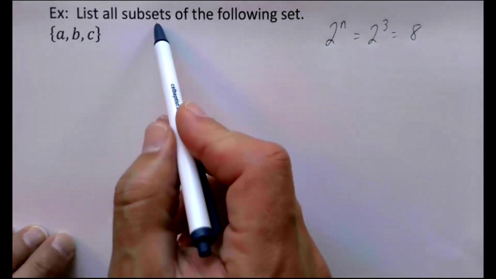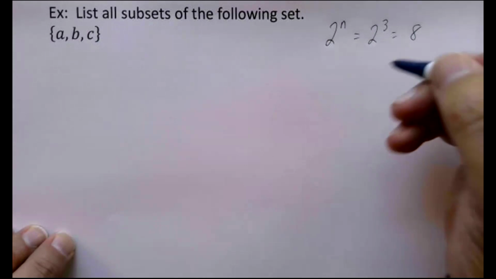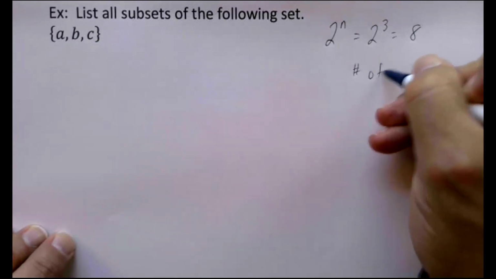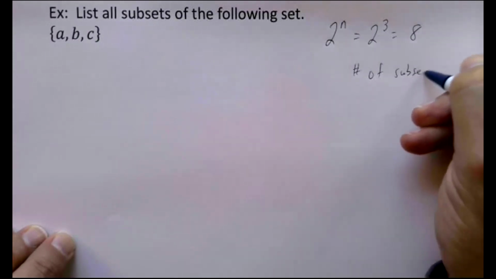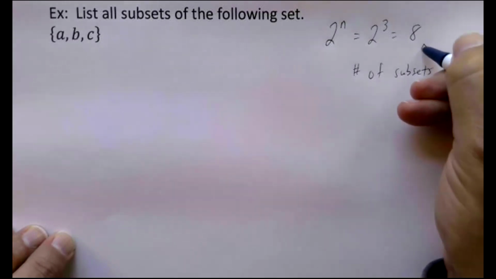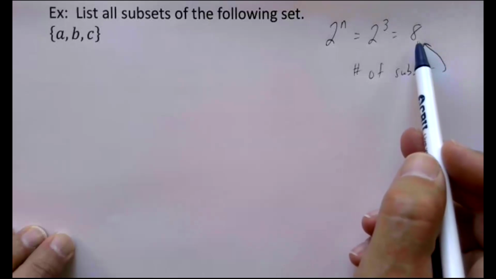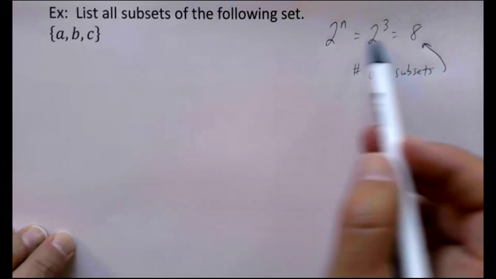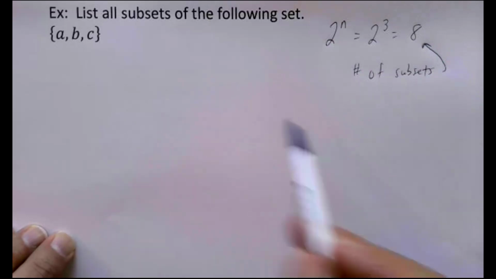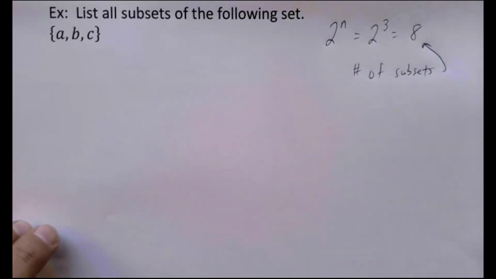If I'm trying to list all the subsets, I expect 8 of them. A set with 3 elements needs to have 8 subsets. That's nice because that tells me how many answers I'm looking for down here. I'm looking for 8 answers.